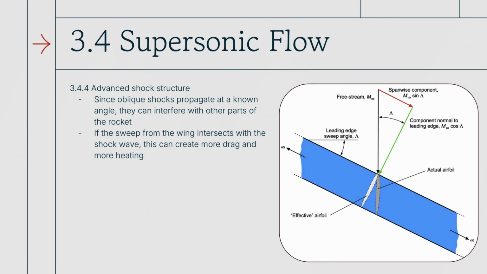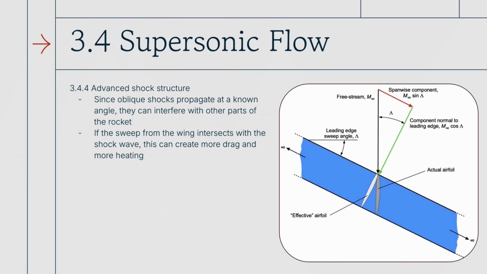So going back to what I said about how you can force a shockwave to detach if that angle is larger, depending on the sweep angle of that wing. The sweep is the angle relative to horizontal that the wing is swept backwards. In this case, it's this angle right here.